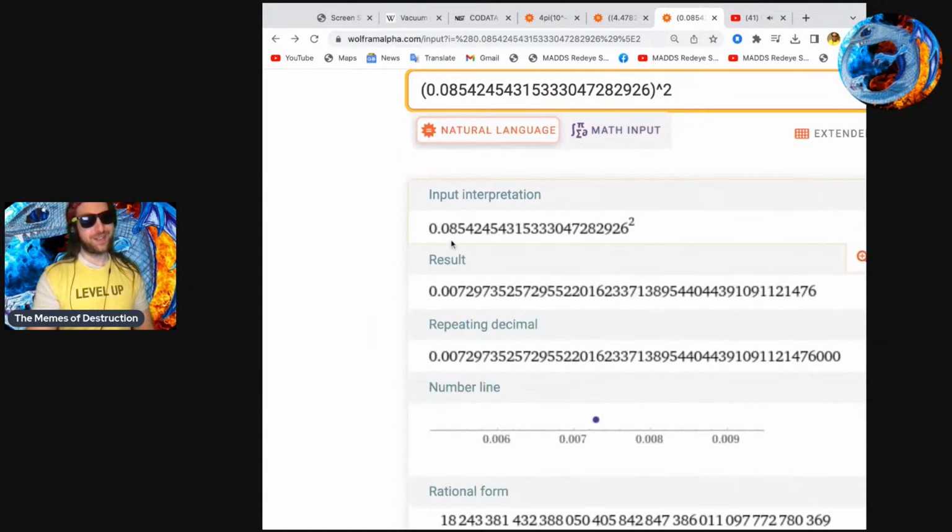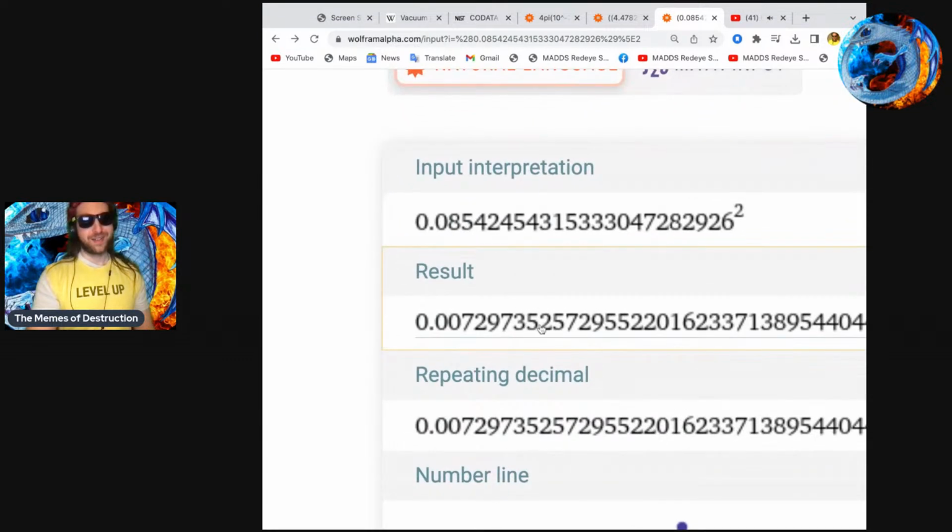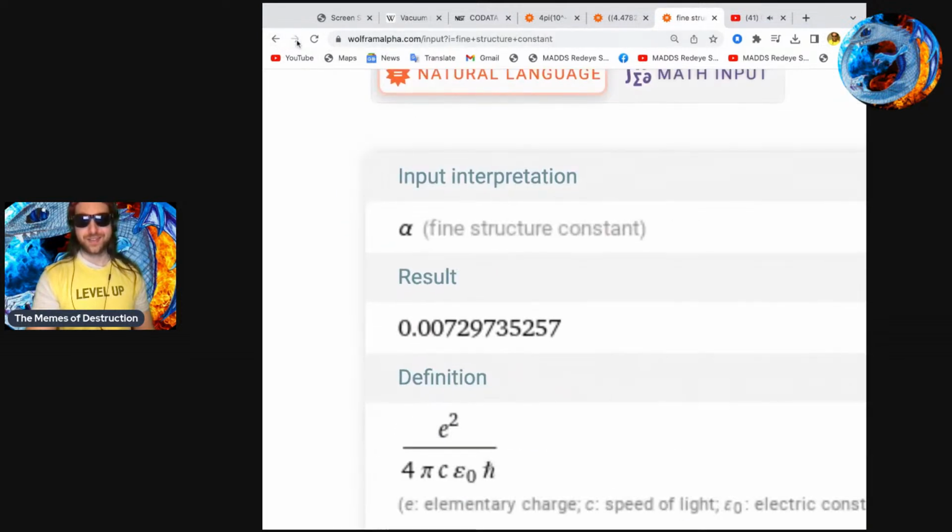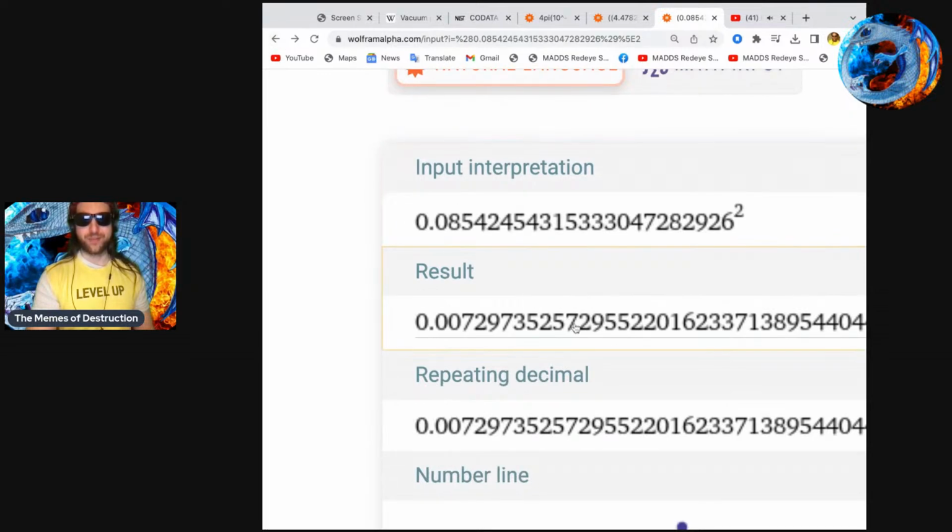What do we have there? Oh. 257. All right. Hold on. Let me check myself. 35257. 35257. Oh. Looks like a geometric derivation of the fine structure constant, at least according to Wolfram Alpha.